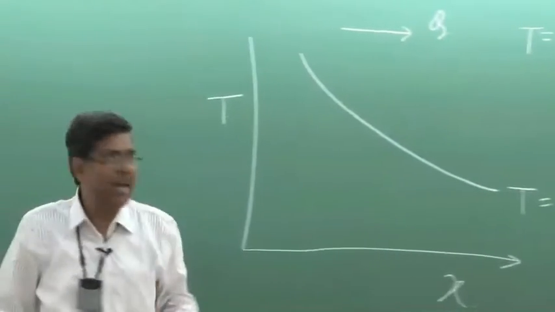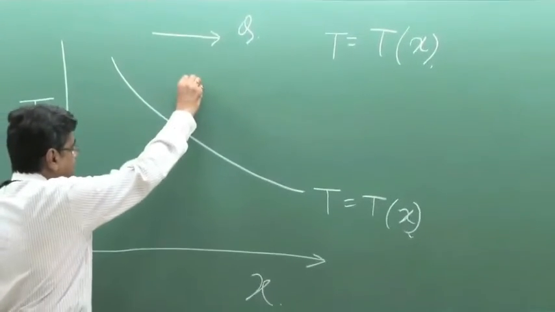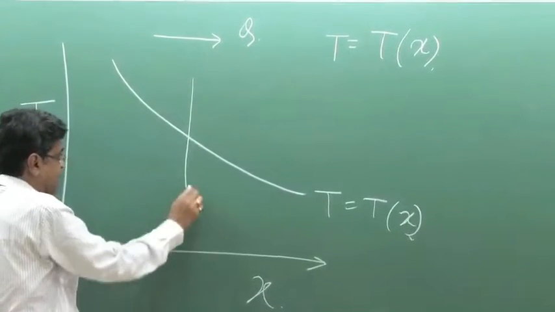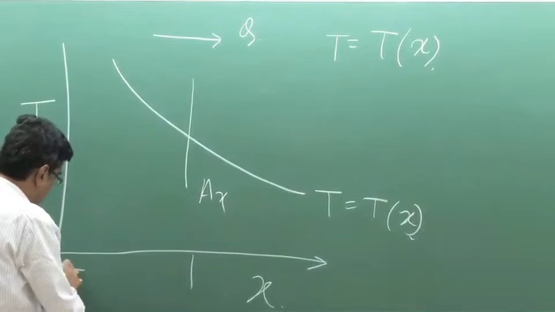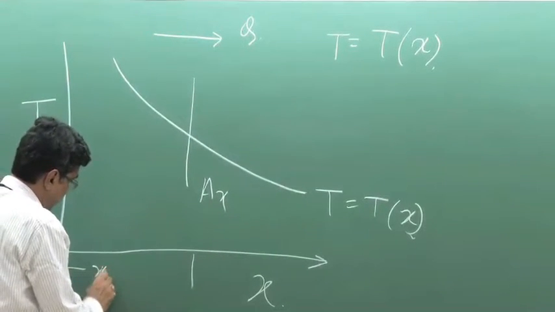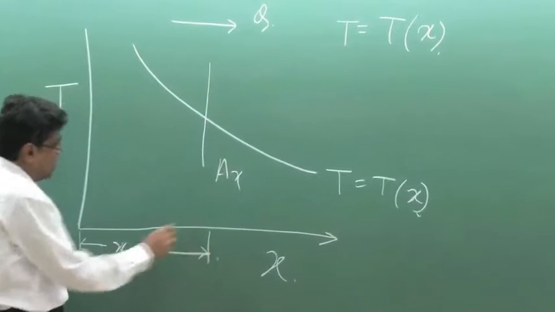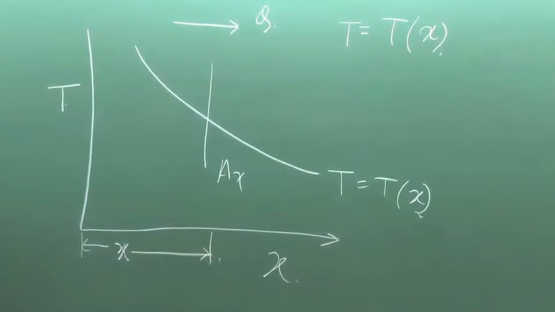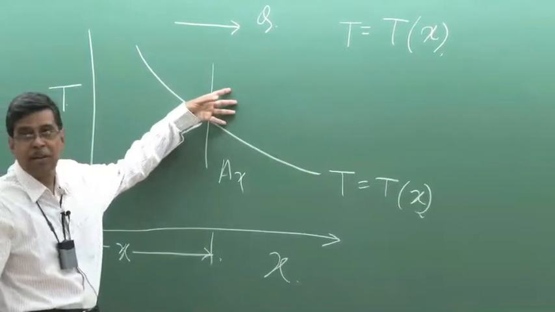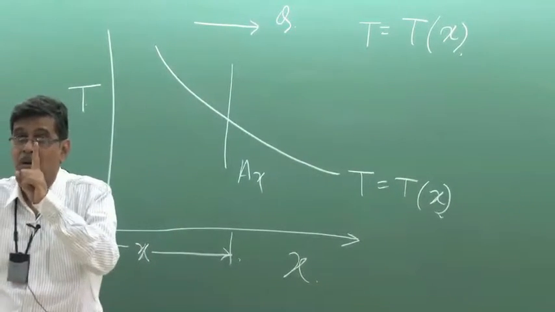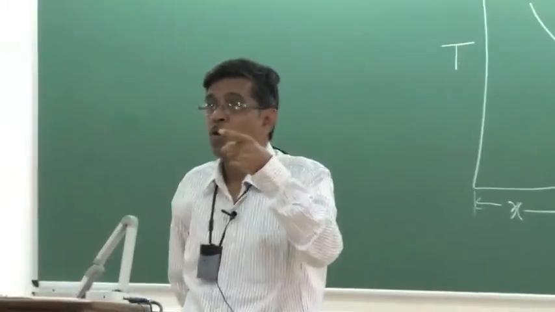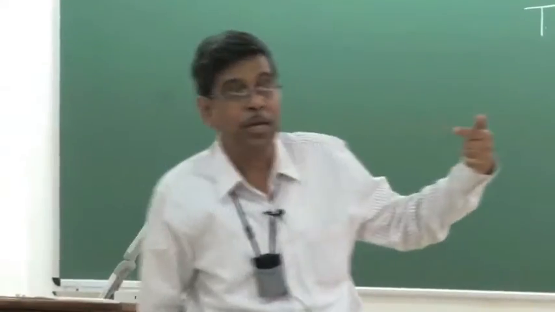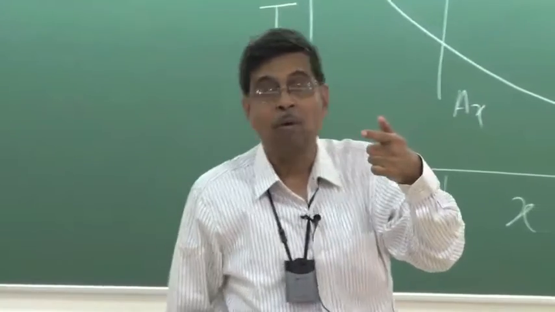Now if I take a cross section at any distance x from the reference origin or reference frame, then what happens? Heat is flowing across this section. Now here one thing is very important, when you define the heat, we define its direction.